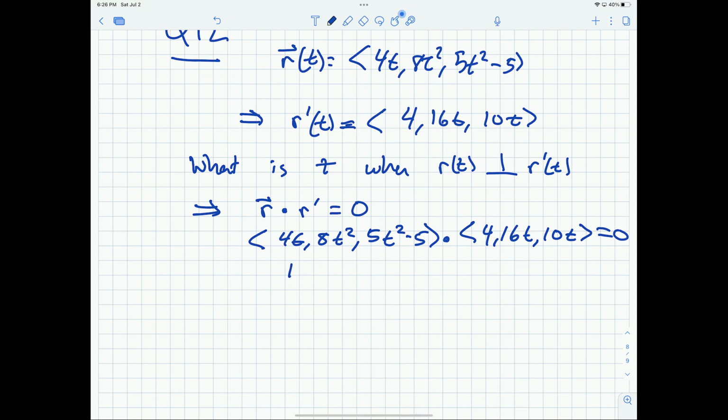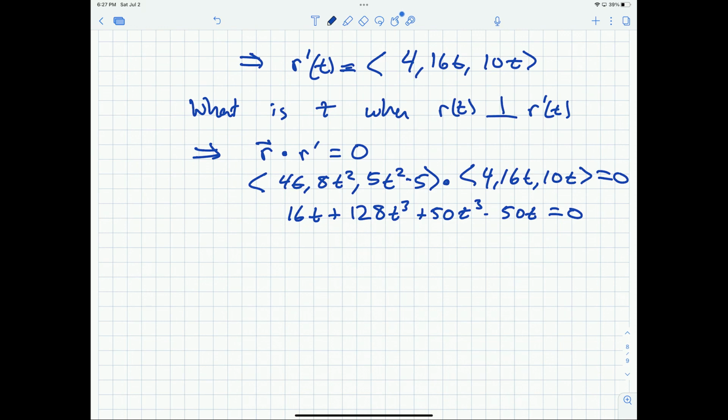Do that dot product, you get 16t plus 8 times 16, 128t cubed, and then the last one will be plus 10t times 5t squared is 50t cubed, and then 10t times 5 is 50t equals 0.